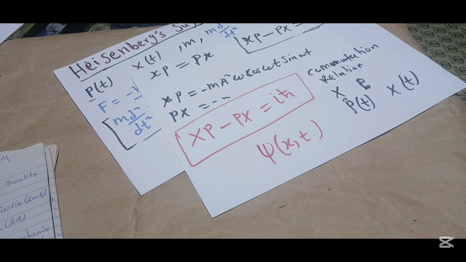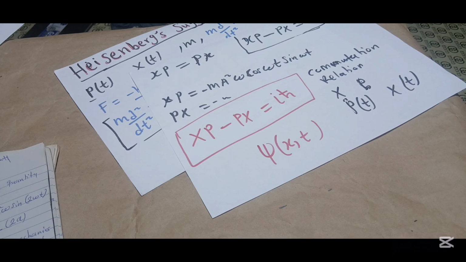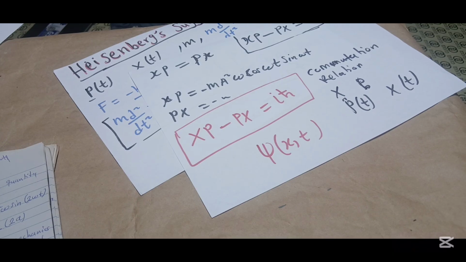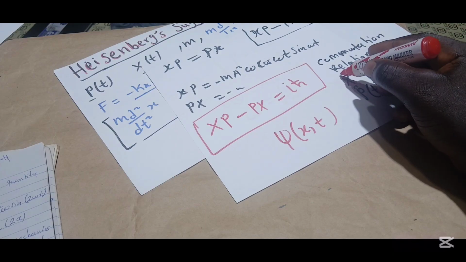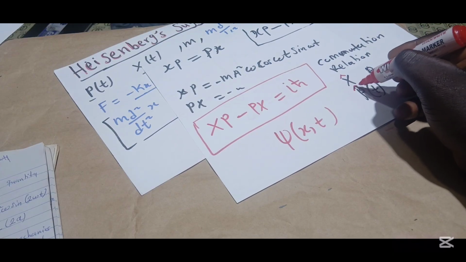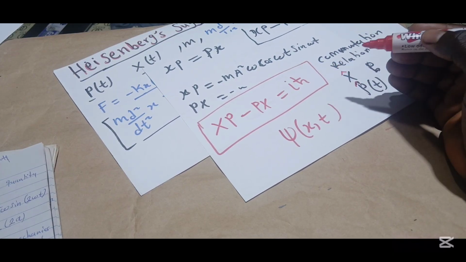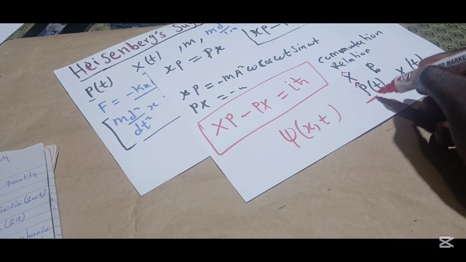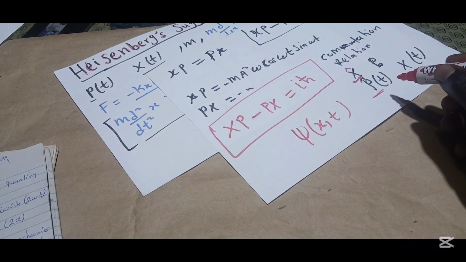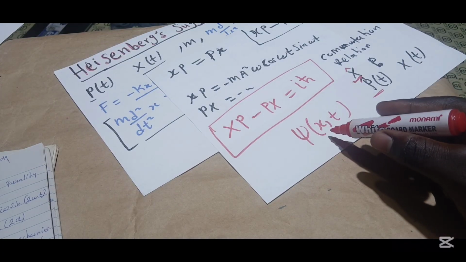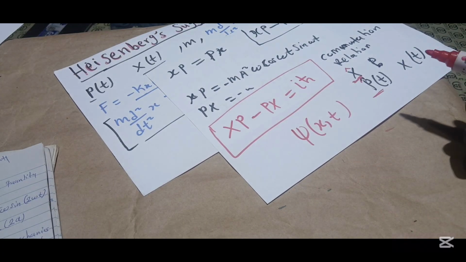But this is not to say it is always so, just an assumption for now. In quantum mechanics, we assume that if you are dealing with these as operators, it means that these two operators are time independent, but the wave function carries the time dependence.